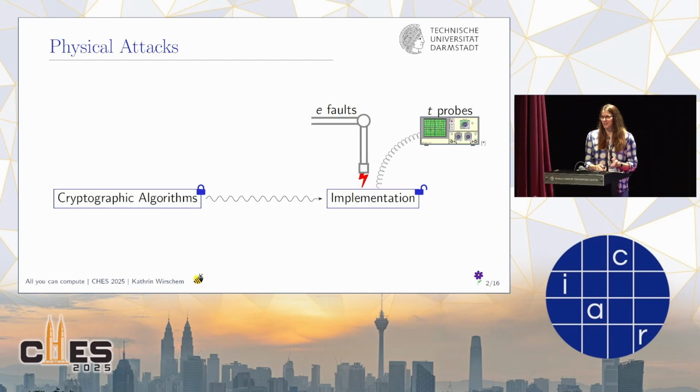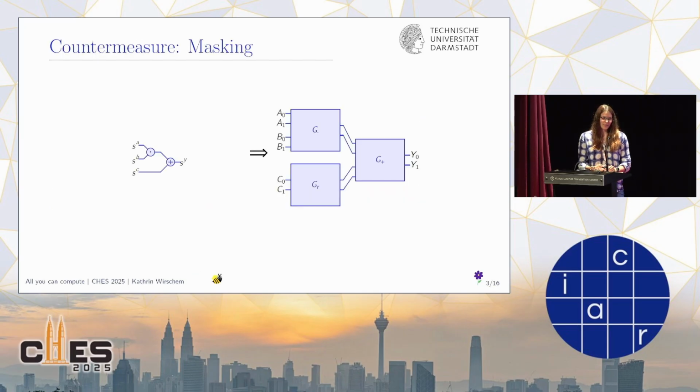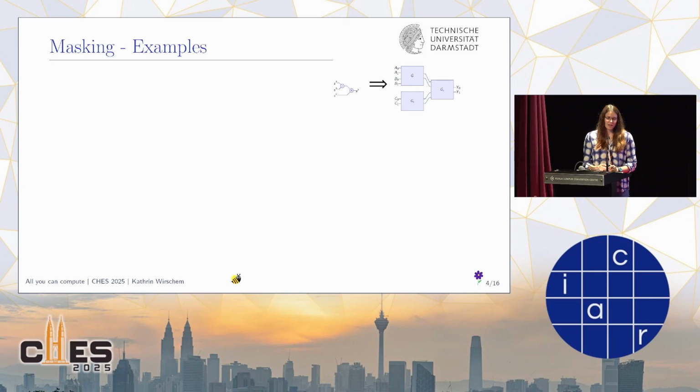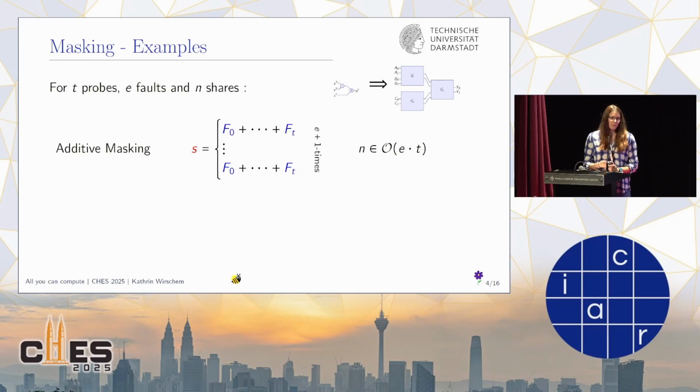As we've seen before, masking is a well-known countermeasure to that. As probably all of you already know, masking means that instead of considering the values themselves together with gates, we now consider somewhat of an encryption of the values together with gadgets. So let's look at an example.